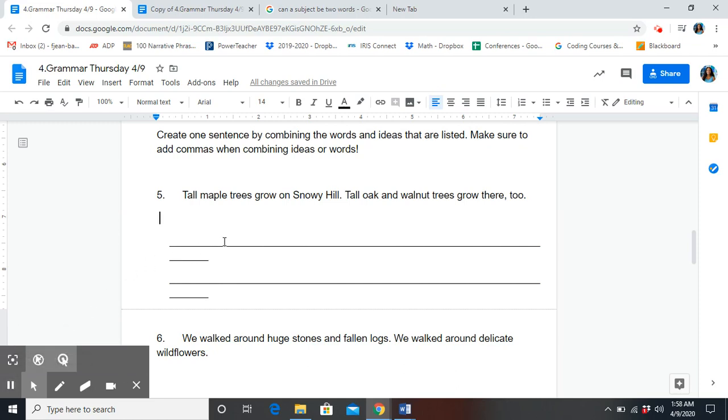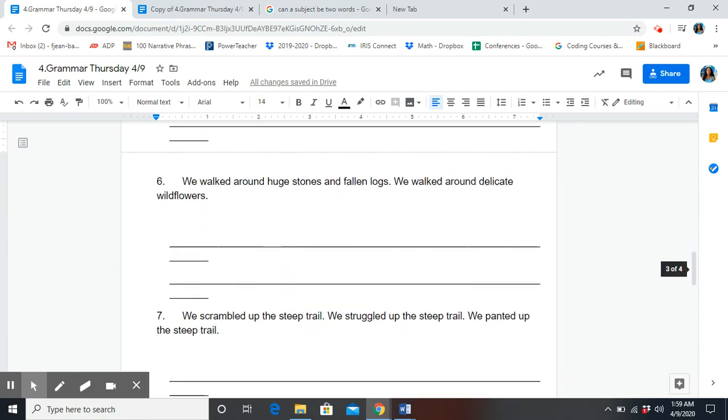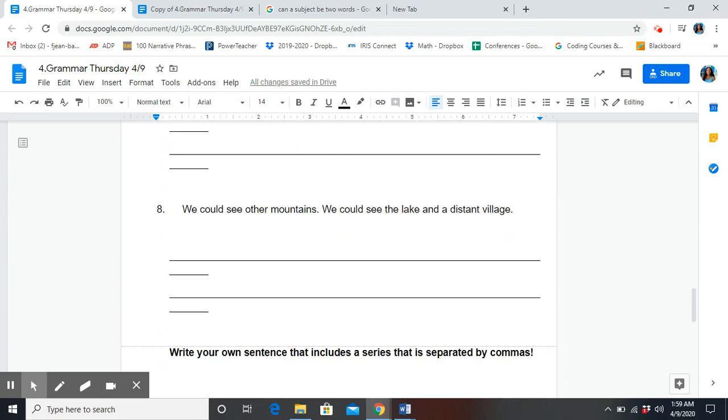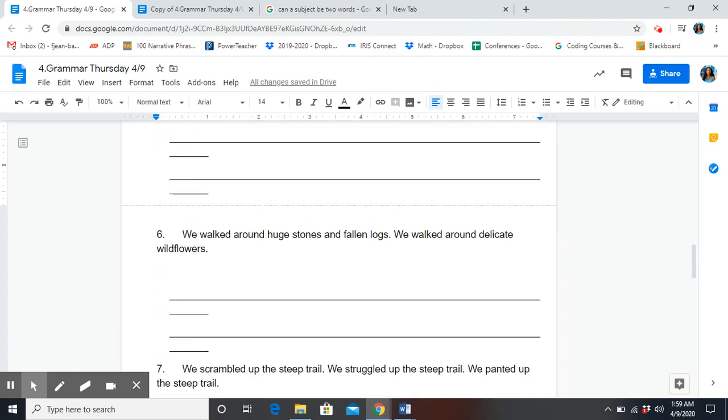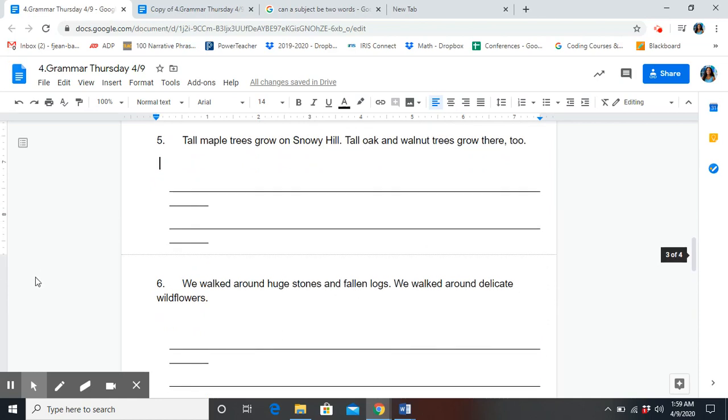When thinking of how to create your sentence, think about where it would make the most sense to place your subject. Take a moment to pause to make sure that you complete practice problems 5 through 8. Then we'll come back and go over it together.